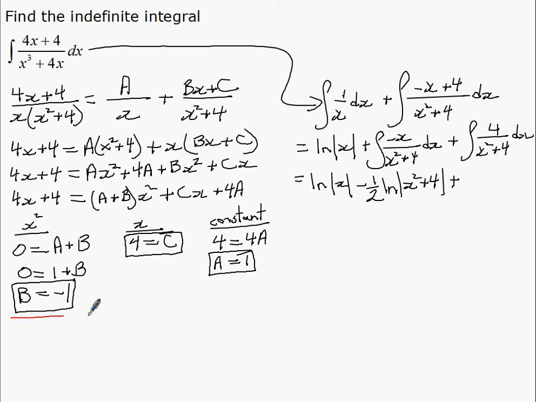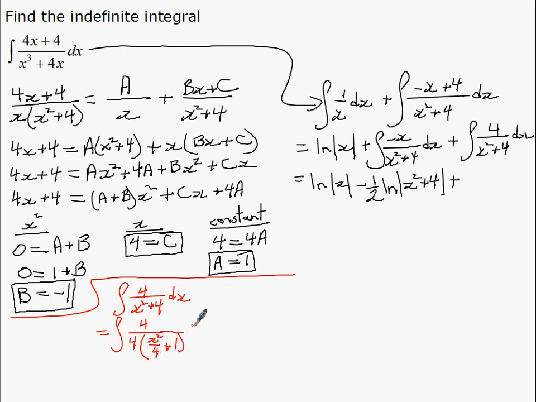So if we take that and work down here with it, the integral of 4 over x squared plus 4 dx. First we're going to factor a 4 in the denominator. If we factor out a 4, we end up with x squared over 4 plus 1 dx. That's going to make our 4's cancel here.